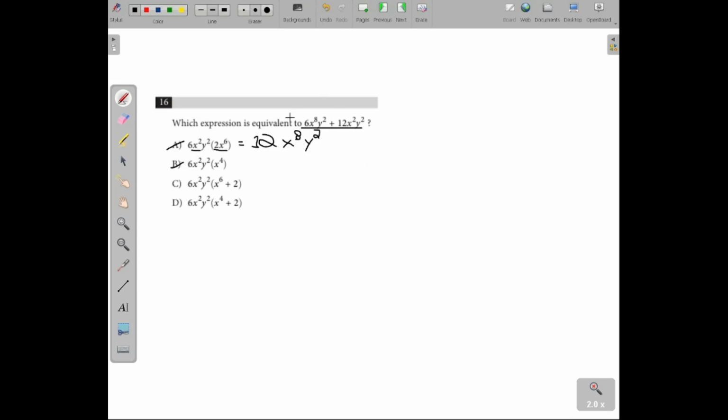And the other way of solving this is just trying to factor this expression. So let's copy that. 6x to the 8 y squared plus 12x squared y squared. Now, what can we factor here?